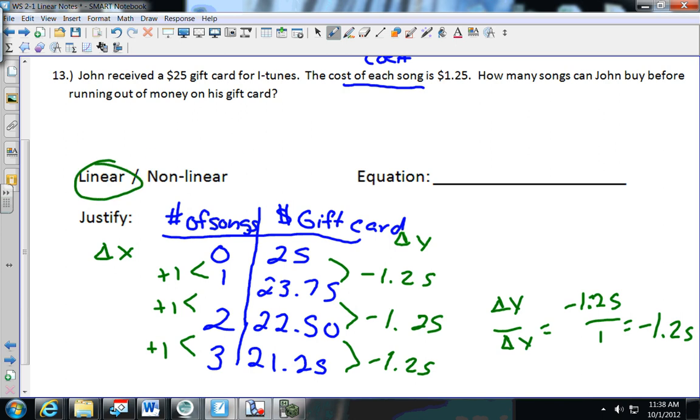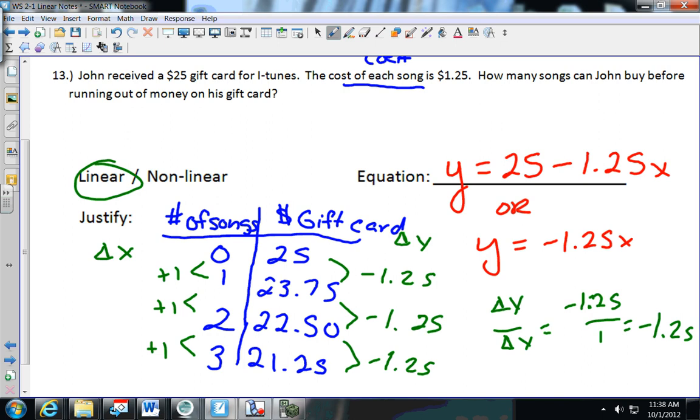So yes, it is linear because they're the same. Your equation, you can write it one of 2 ways: 25 minus $1.25x, or we can write it as y equals negative 1.25x plus 25.